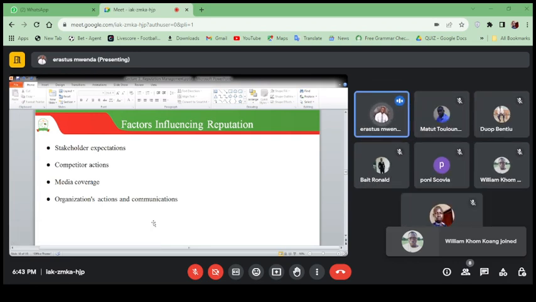How you communicate issues, positive and negative, will also be key in ensuring that your reputation is deemed to be good.